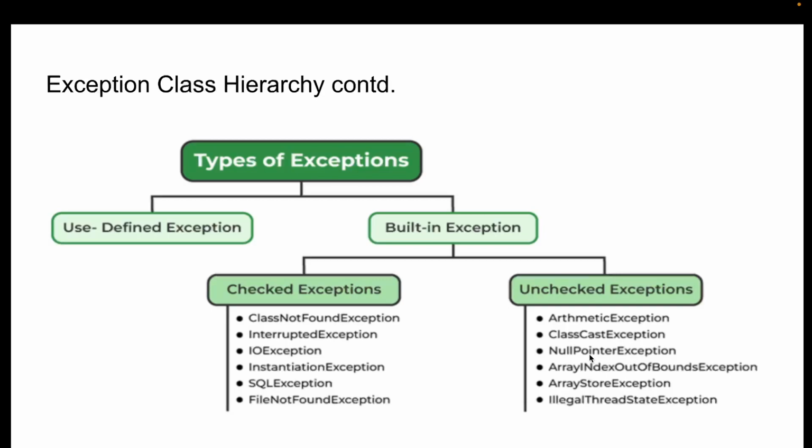Then there is another type of exception, that is null pointer exception. If you are trying to get through some object that has a null value, if you are trying to get any attribute from that object which is already null, then that will throw null pointer exception. Suppose you have a class student. Listen to this example.